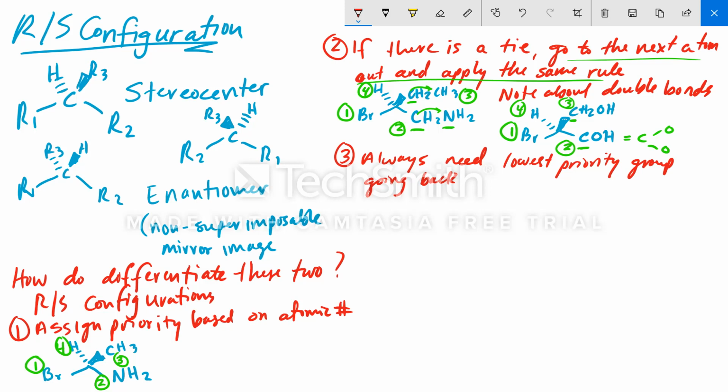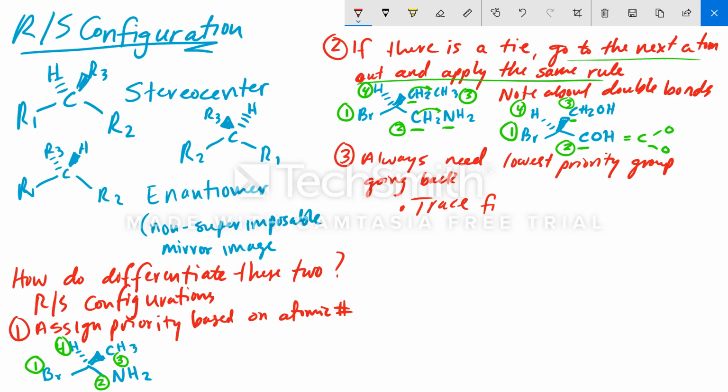But for right now, we're going to finish learning how to do an RS configuration using the molecules we've already drawn. So once we've assigned priority and we've made sure that our H's are going away from us, or our lowest priority group, it's not always going to be an H, but almost always it will be a hydrogen that you need to be going away from you, at least for the purposes of the DAT.